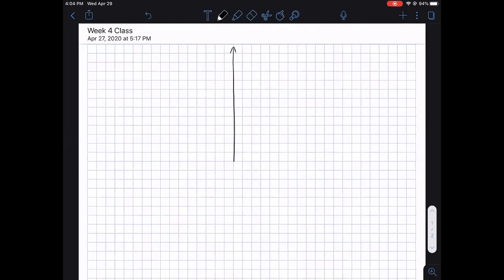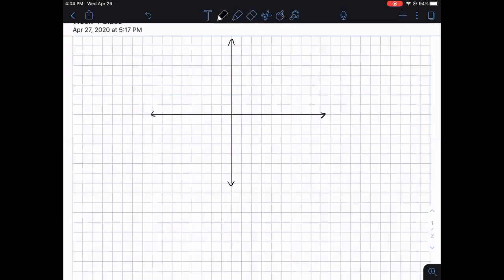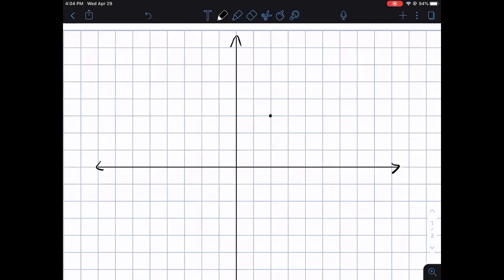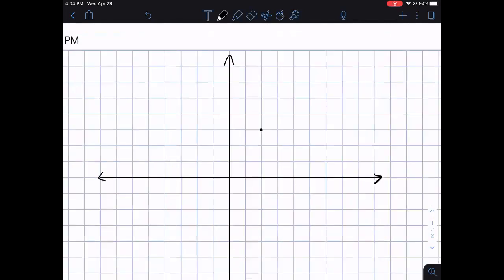So we have a coordinate plane on a grid. Who knows what this point will be? Jennifer says X and Y axis.